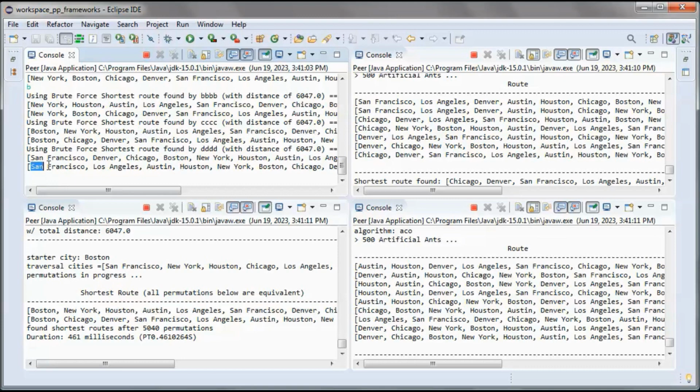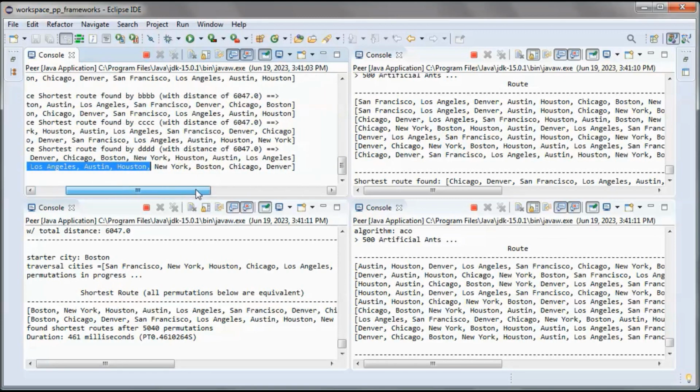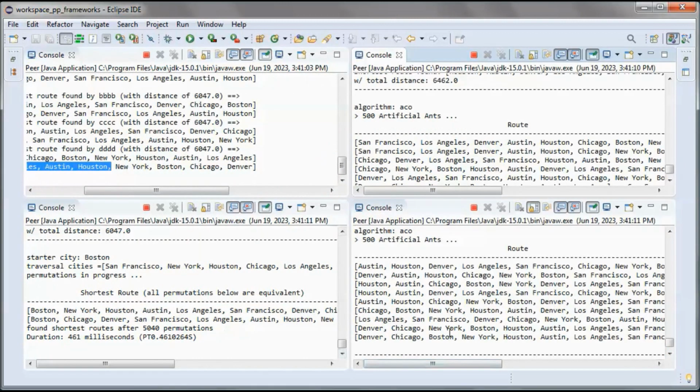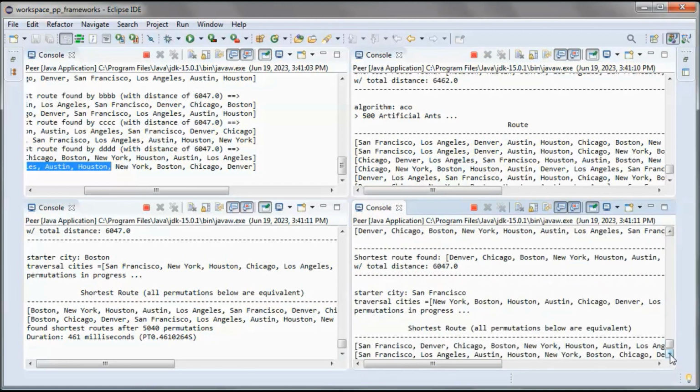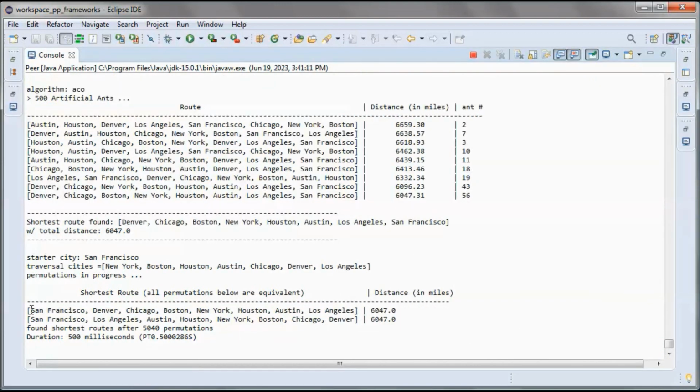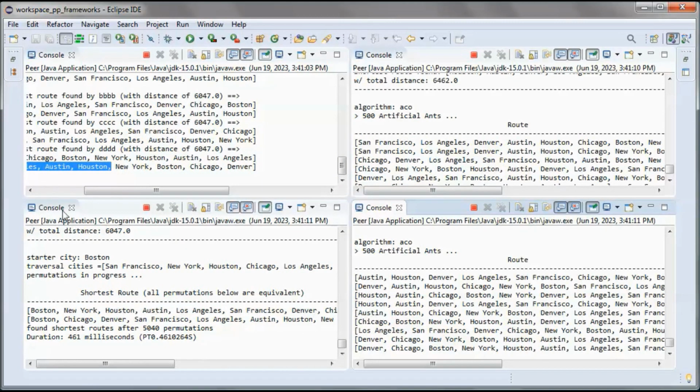So here we have 8 cities, but we only did permutations for 7 cities, and we don't see it since we are not running in verbose mode.